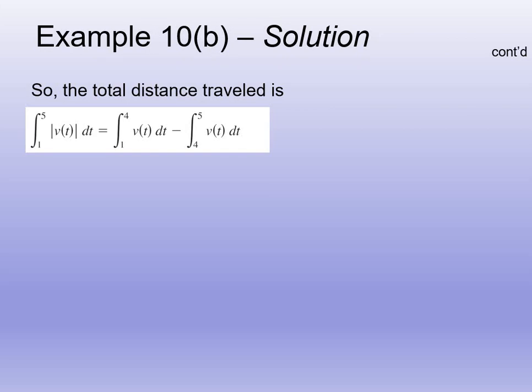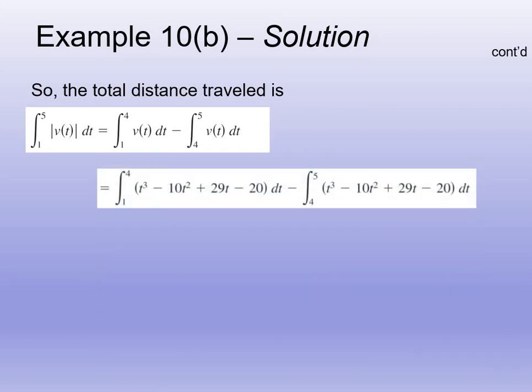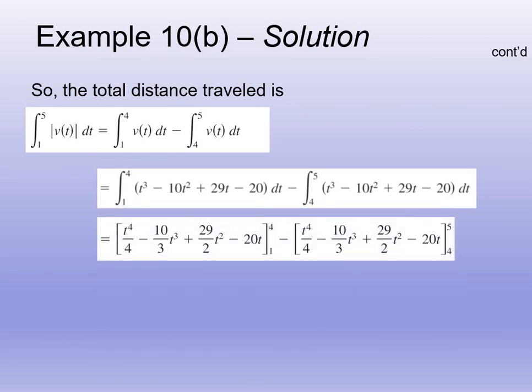Minus a negative becomes positive. The antiderivative is the same for both, just how we evaluate it is slightly different. So same antiderivative, now we evaluate it at 2 different locations.